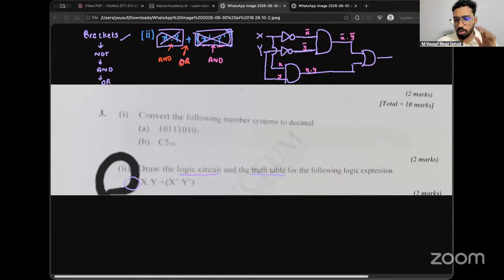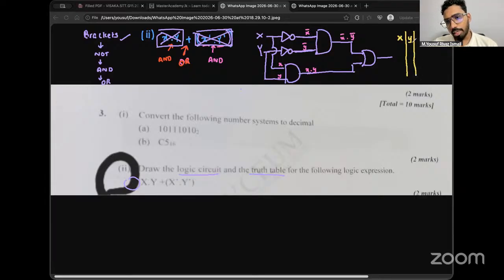Now let me show you how you draw the truth table. To draw the truth table, first of all, like I told you earlier, you should know what are the unique letters we have here. If you look at the expression, we have x and y. So I'm going to take one column for x and one column for y. For every unique input, we take one column.